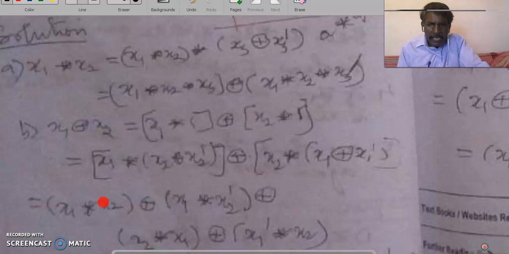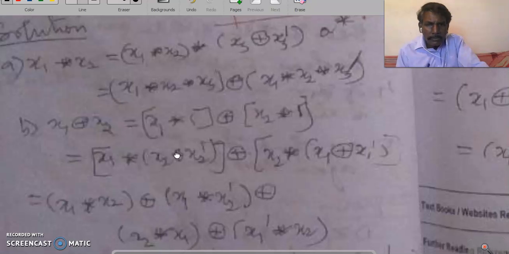Now I am doing the distributive law. x1 meet x2, this join comes here, x1 meet x2 complement, this join is coming here, and then x2 meet x1, join x2 meet x1 complement. That's what you are seeing here.